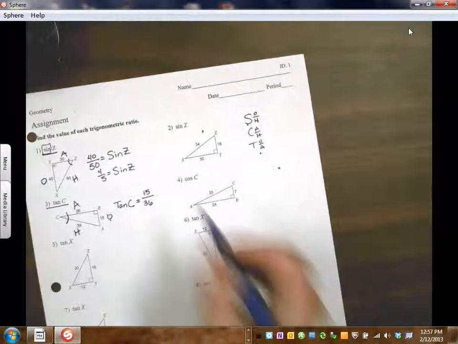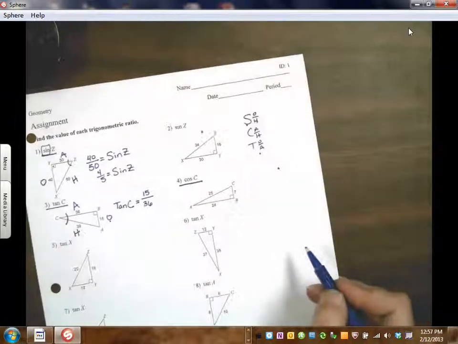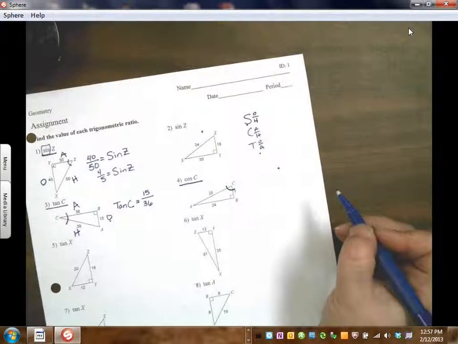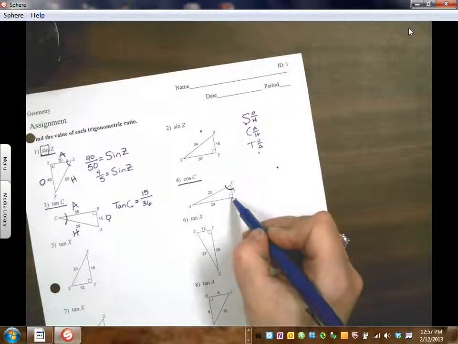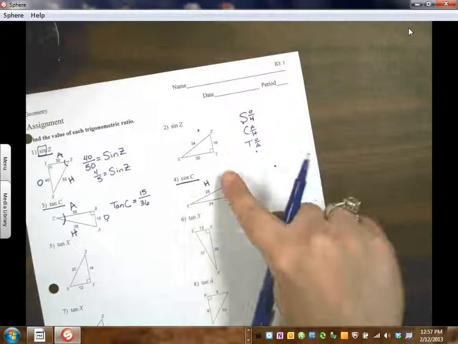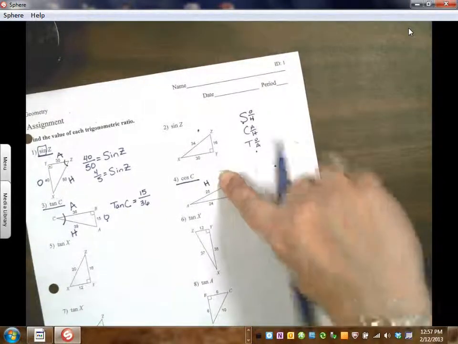Let's look at cosine. The cosine of C: find your C, find your H. There's my right angle. This is my hypotenuse. Touch your C. What side am I touching?